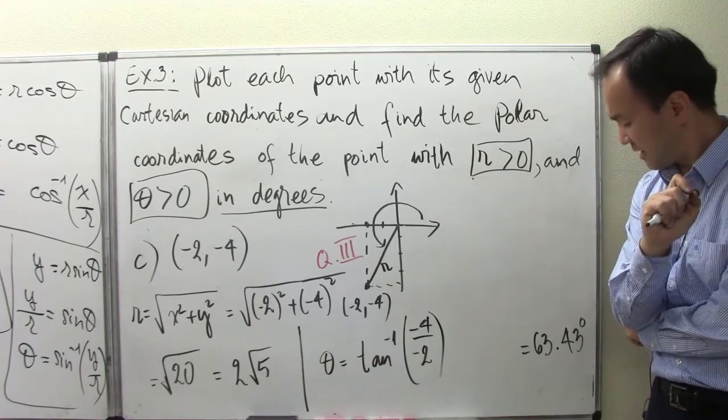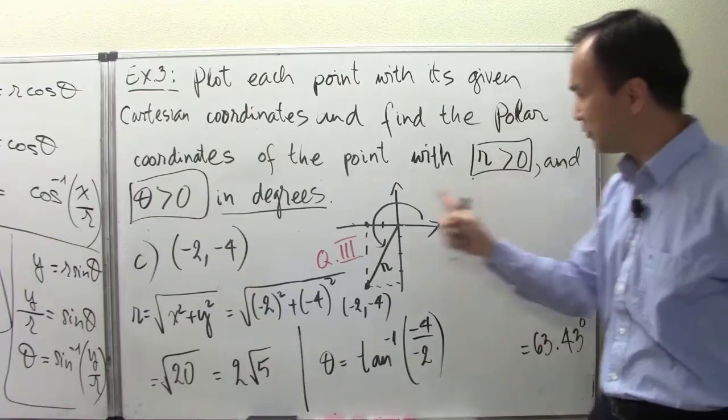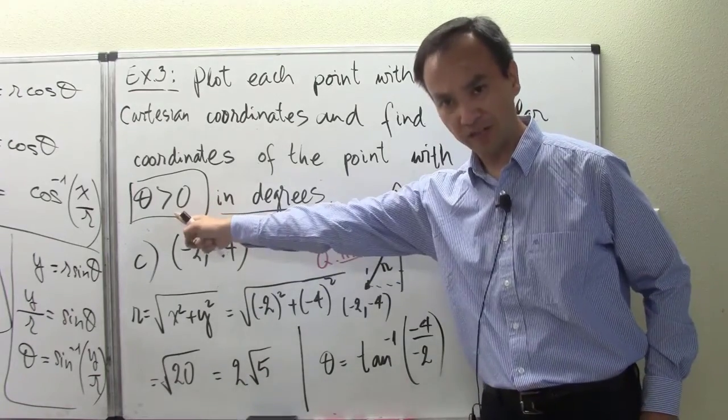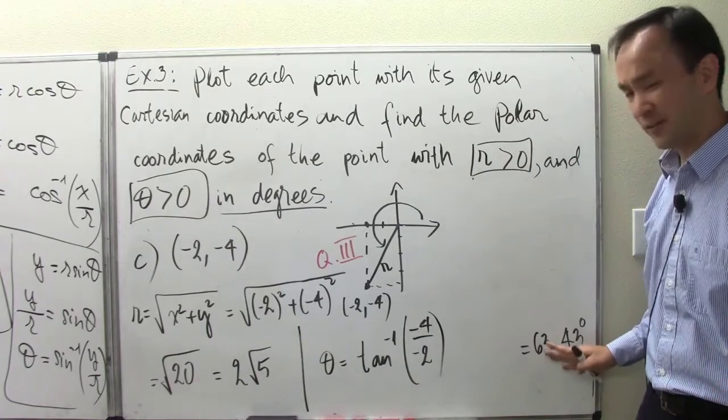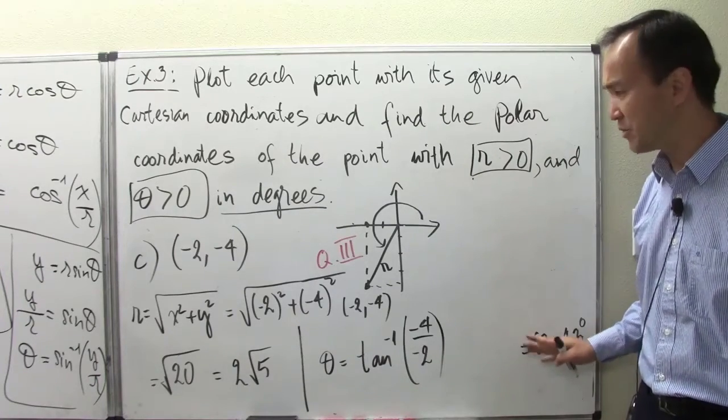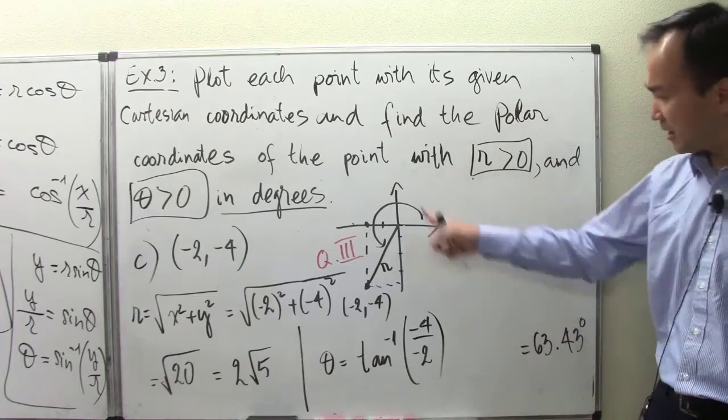As far as the two requirements for angles, being a positive angle, this answer passed that requirement, but as far as being the actual magnitude, it didn't pass, because look at our angle, look at our plotted point.